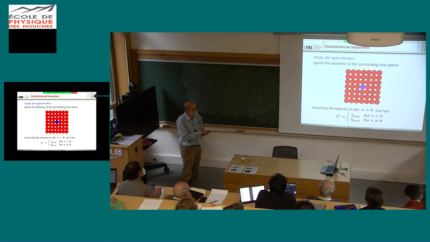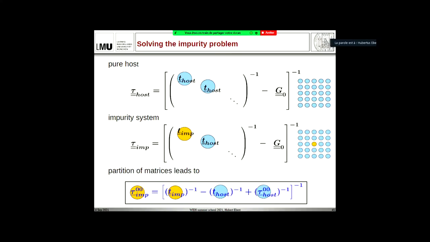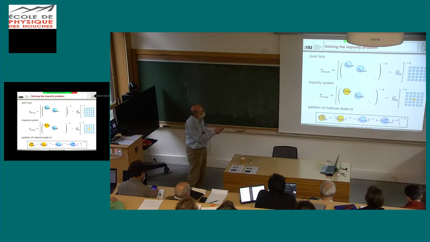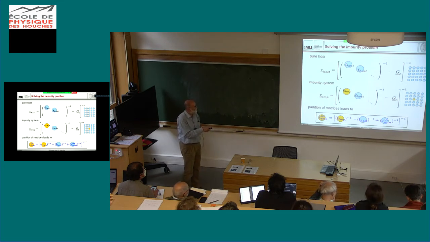For us, concerning multiple scattering, it simply means we take away the T matrix for the host and plug in the T matrix for the impurity. That means our matrix that is site diagonal for the T matrix has all the same entries originally for all the host atoms, but now for the impurity atom, one is replaced and we have the corresponding T matrix. And now it's very simple matrix algebra to combine these two equations to get this equation for the scattering operator.